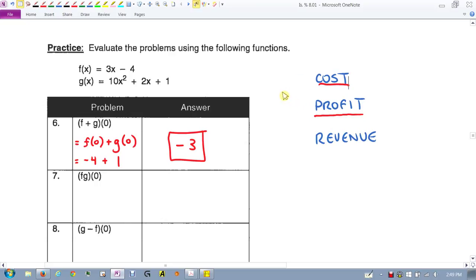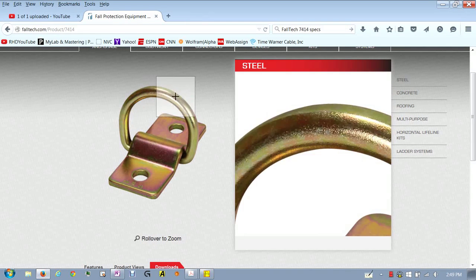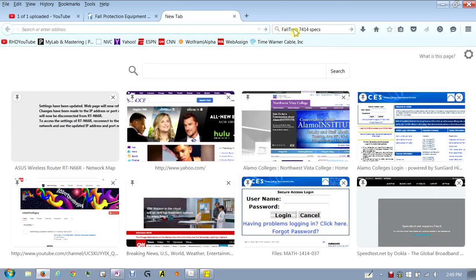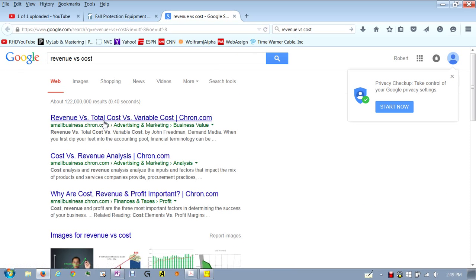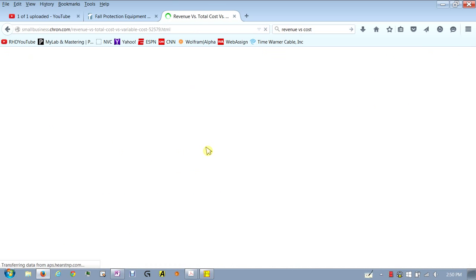So if you were ever confused on this, what can you do that couldn't be done 15 years ago? Google it, right? So I want you to see this. Let's Google revenue versus cost. That's probably too much information.